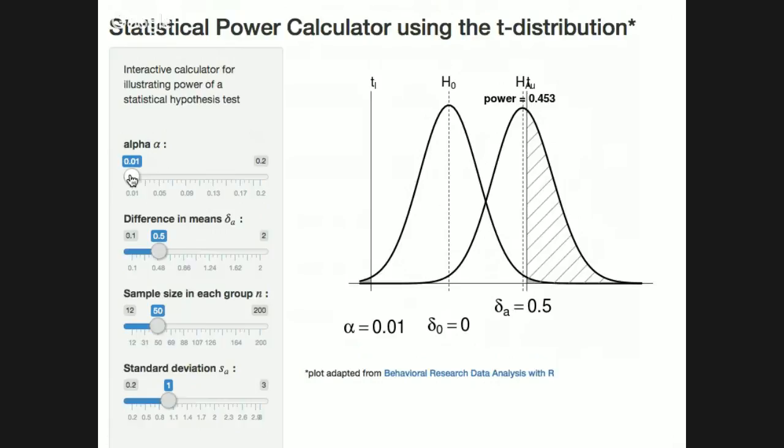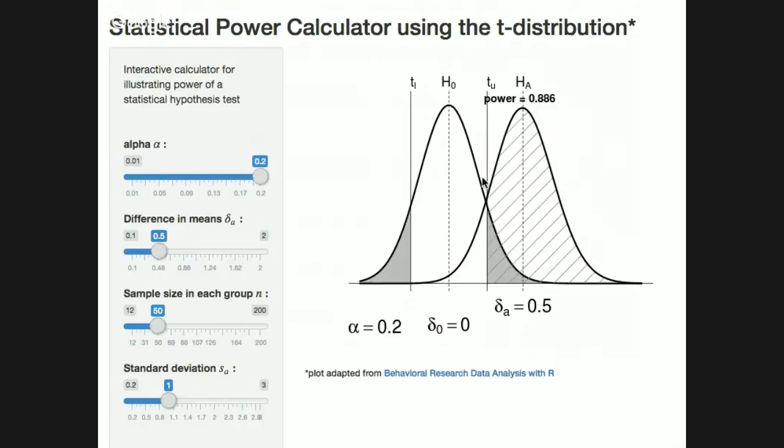If we move this the other way, so we're going to be permissive about type 1 error, say it's not such a big deal if we reject the null when the null is true, it makes these rejection regions of the hypothesis test larger. It increases the power. Regardless of what distribution, what test you're doing, that relationship always holds: when you increase alpha, you increase your power.